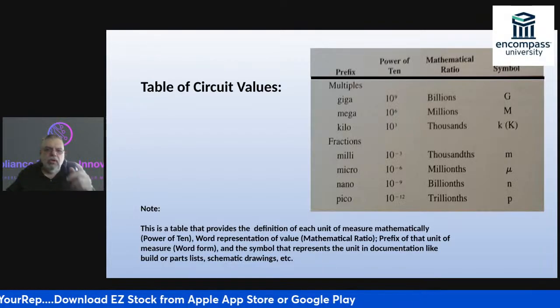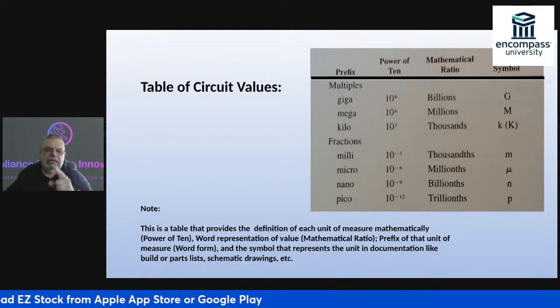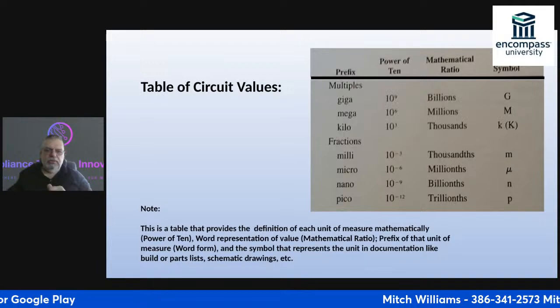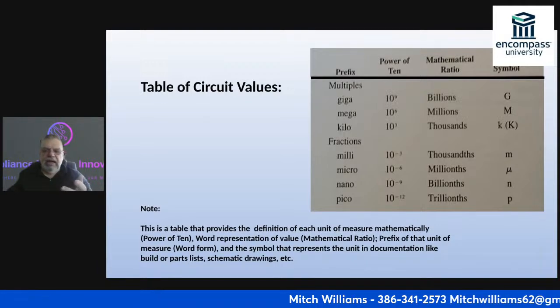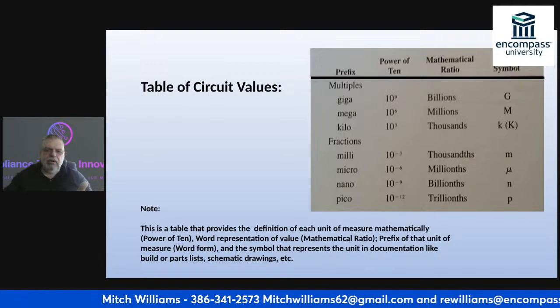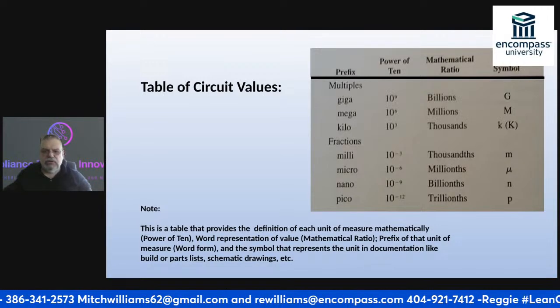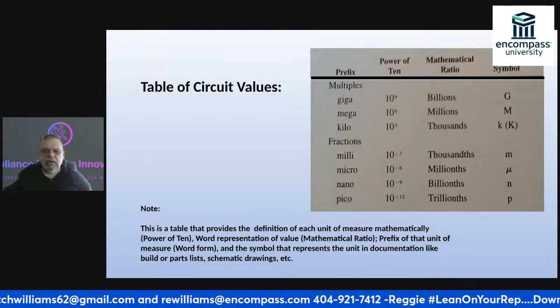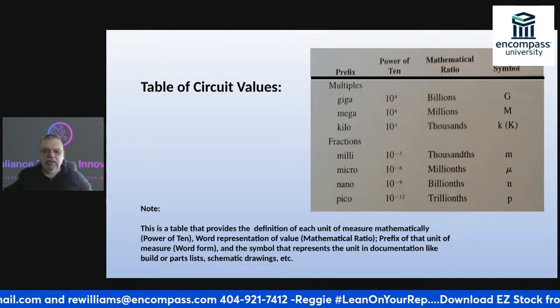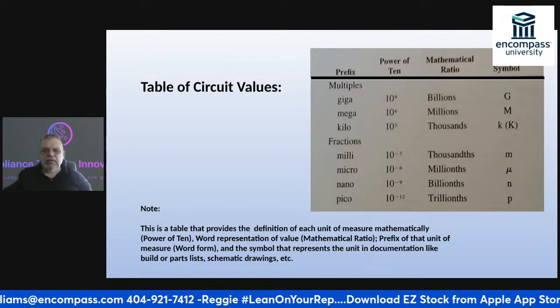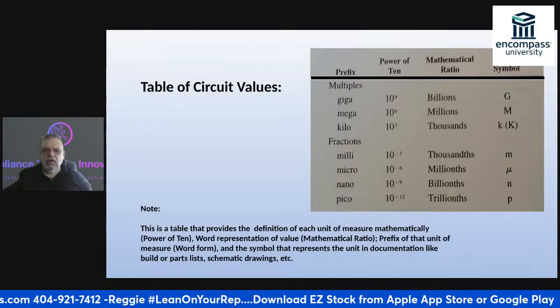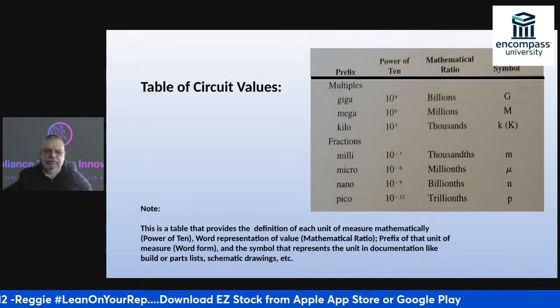So this would be 10 to the ninth power, and that would be your gigaohms. If I have any of the fractions using the minus power, the milli is 10 to the minus third, which is thousandths. Micro is millionths, nano is billionths, and pico is trillionths.